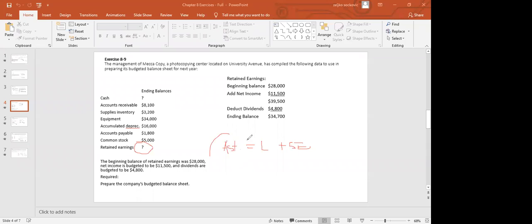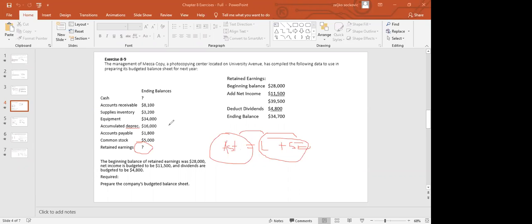So these numbers will be equal. That's the extent you need to go. You don't need to review the 2101 class to do a couple of problems here and for this budgeting chapter.